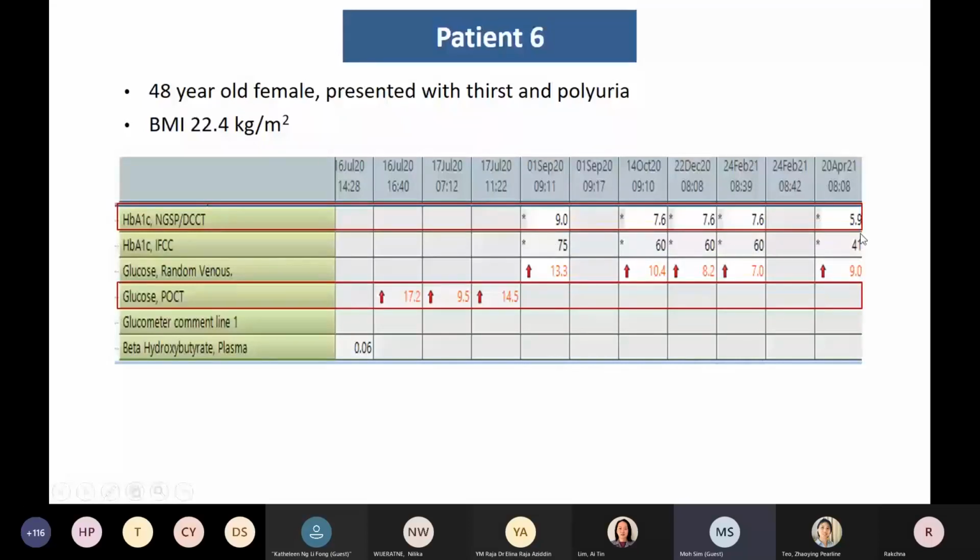And what has happened during the course of time is that she has moderated her diet, increased the exercise, and we've actually managed to switch her from insulin to oral medication because she has actually improved her lifestyle measures so much that she no longer requires insulin to maintain her diabetes. Okay.